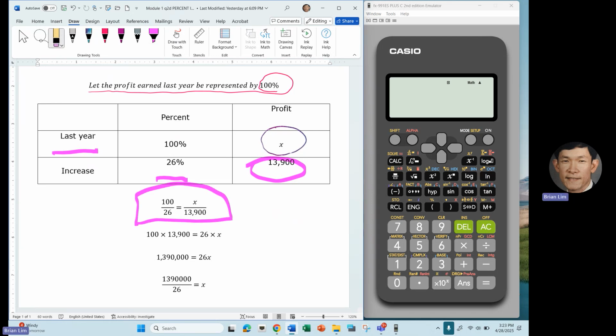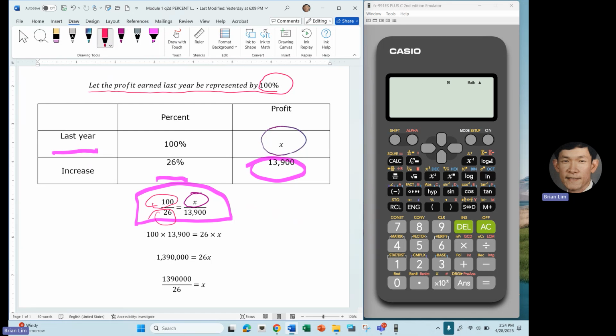All right, so we have the 100% over here, and we have the 26% increase down there. So the 100% is equivalent to the X, which is from last year.